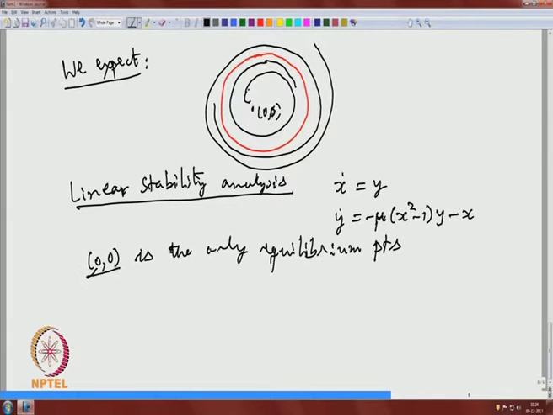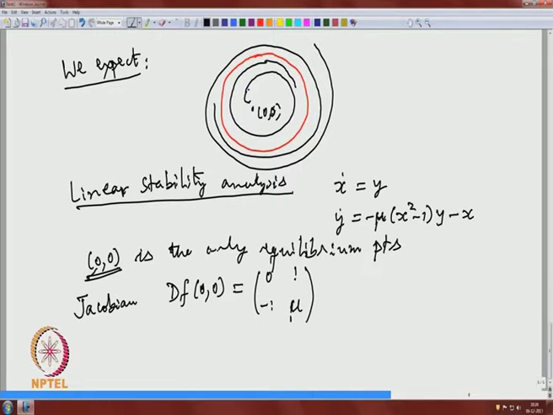And if I calculate the Jacobian at 0 0, that is again simple here: 0 1, minus 1, mu.